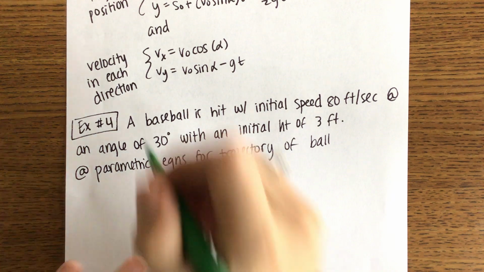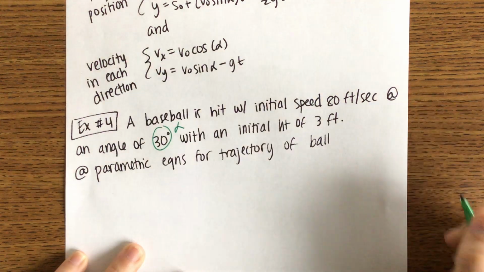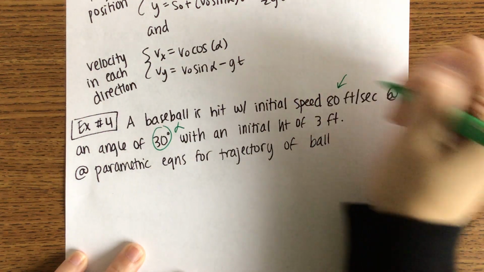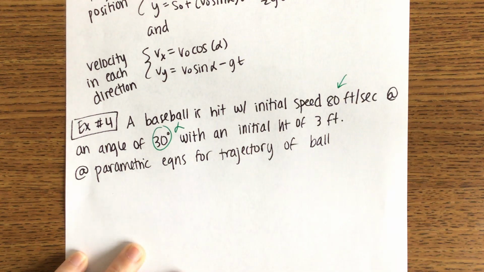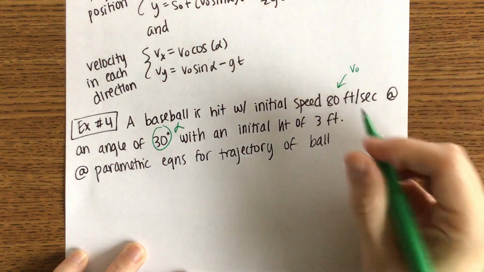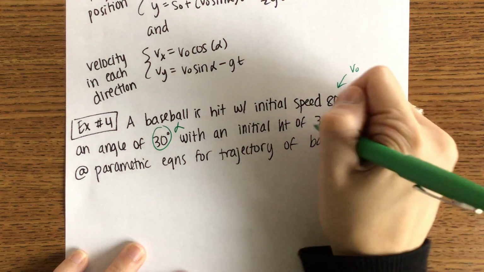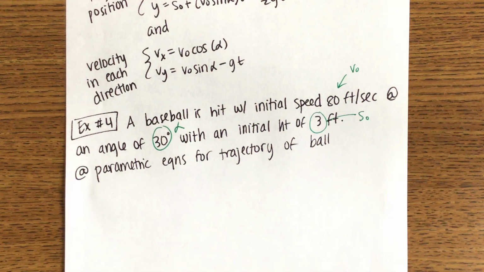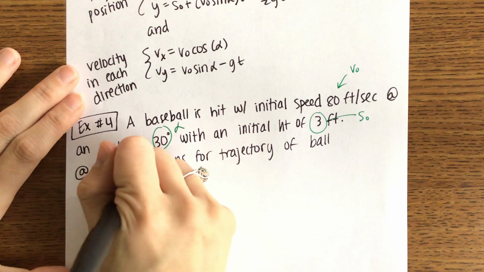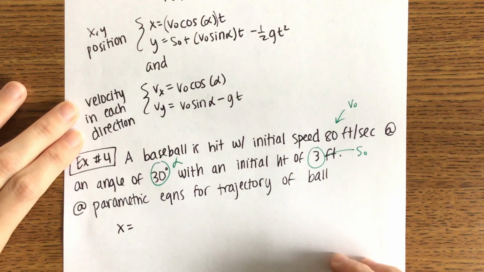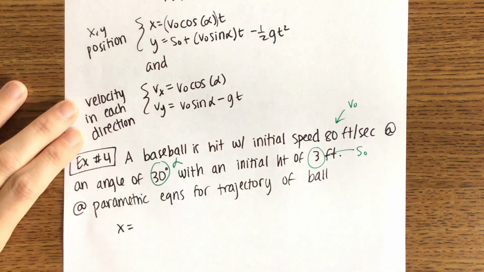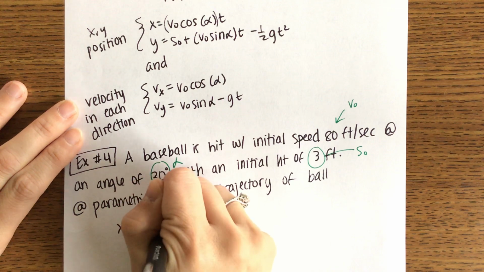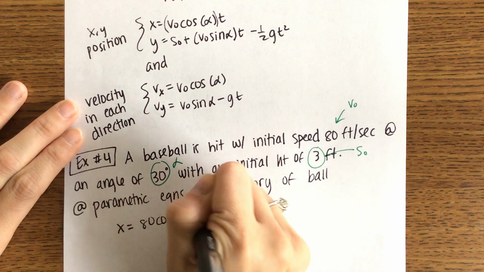Okay, that 30 degrees, that's our alpha. That 80, what is that? V naught, yeah. It's our initial speed. 3 is the S naught, the initial height. So for x, using this formula, we get 80 cosine of 30 times t.